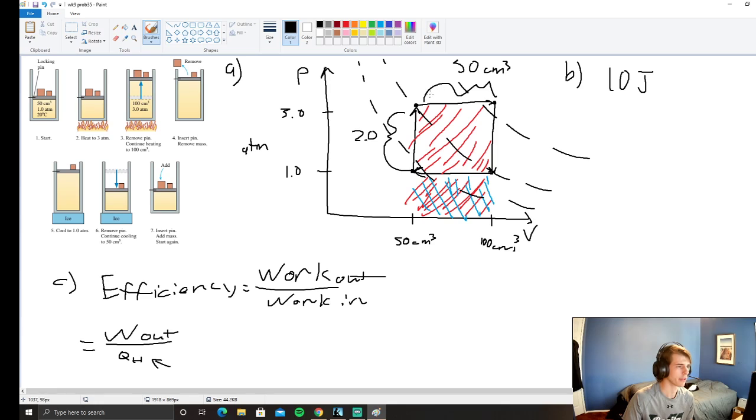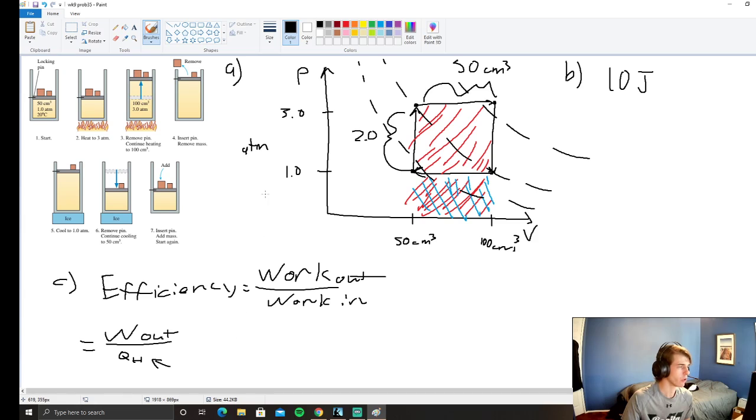From here to here, that would be an increase in temperature, and from here to here, that would be another increase in temperature. From this dot to this dot, that would be a decrease, and the same for this dot to this dot. So we'll only calculate from step 1 to step 2, and from 2 to 3. That's what we're calculating for QH.